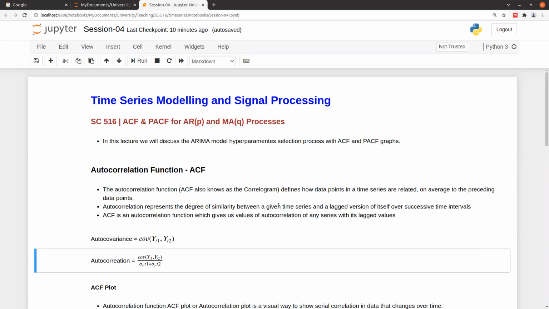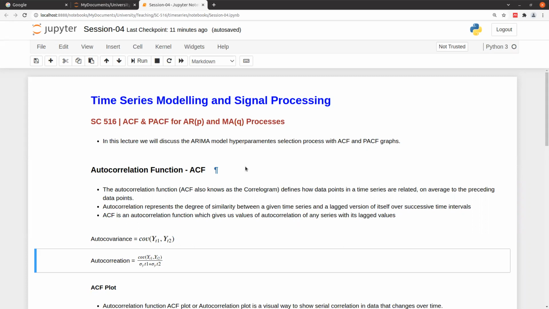In the last lecture, we discussed the ARIMA model. The ARIMA model is the combination of the AR model and MA model. In the third session, we randomly picked some values for order P as well as order Q and did some graphical representation to identify it.